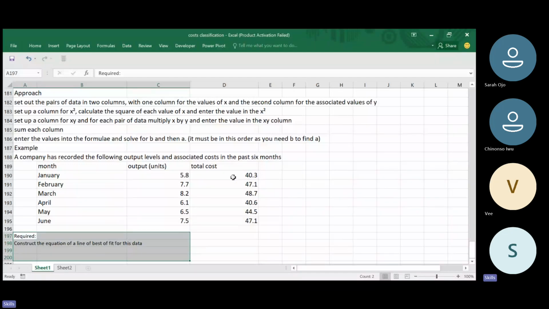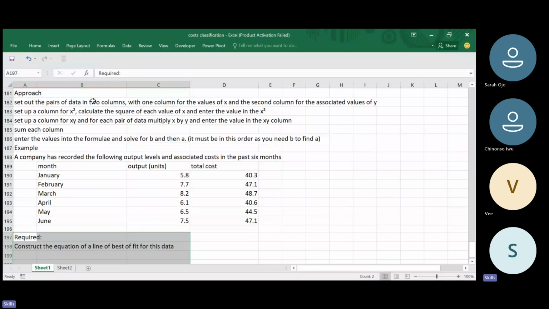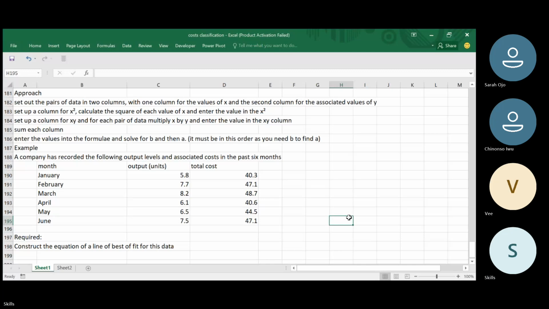Then the total cost is 40.3, 47.1, 48.7, 40.6, 44.5, and 47.1. Required: construct the equation of a line of best fit for this data. We are going to find b, and then we will find a.